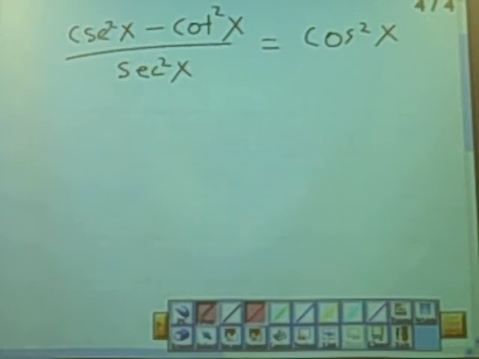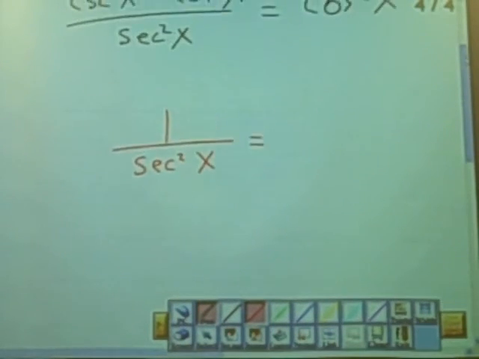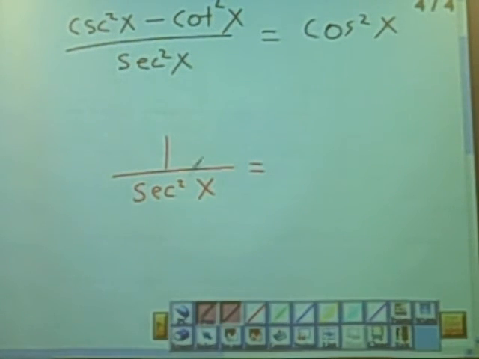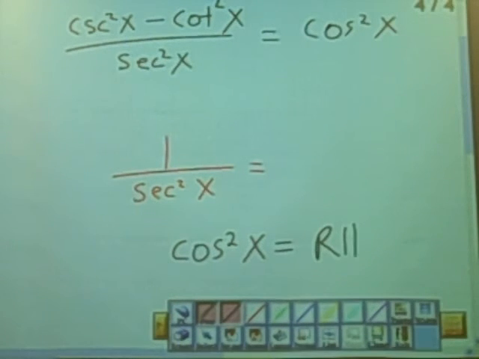We know that cosecant squared minus cotangent squared is 1, so this is 1 over secant squared x. And 1 over secant is the reciprocal of cosine. So that just brings us right to cosine squared x, and that equals our right hand side.